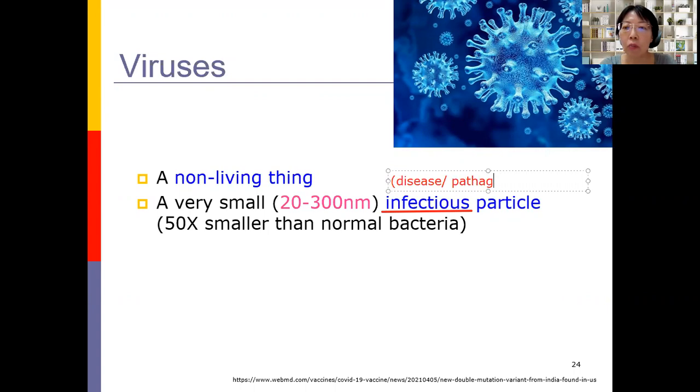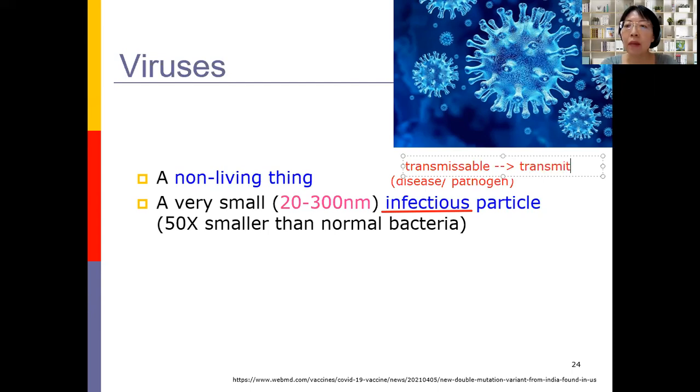Okay, pathogen. So when you say infectious, either infectious disease or infectious pathogen. Okay, so the meaning of infectious means it is transmissible. Infectious means transmissible. Transmissible means you can transfer it.